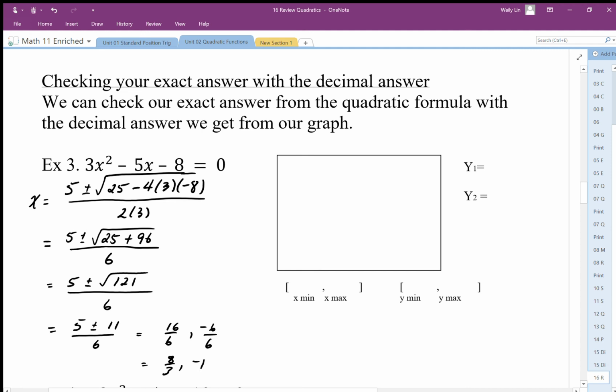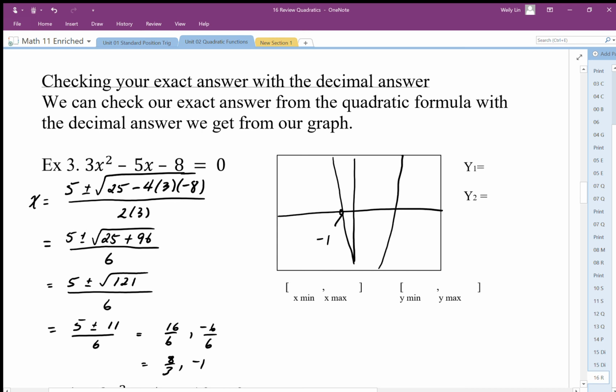Okay, so we want to check this by graphing. When we graph this, the graph is going to be a parabola facing up. So sketching the graph here, from our graph we're going to get something that looks like this.